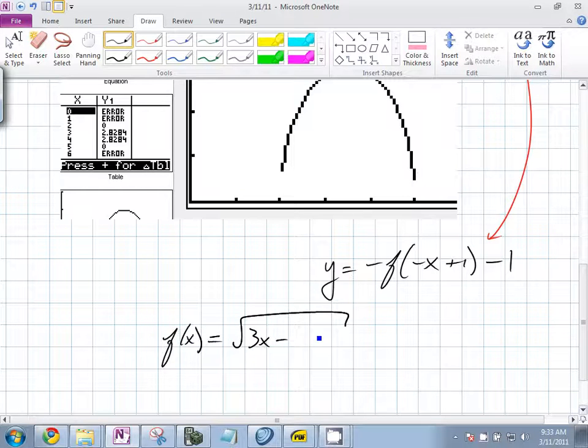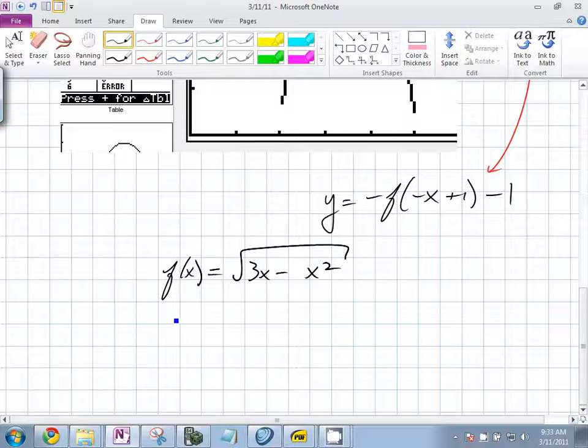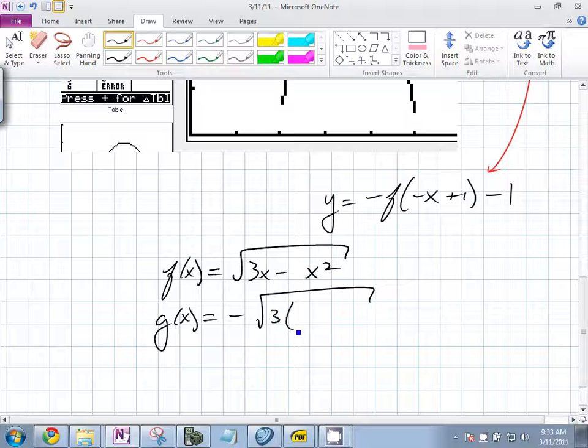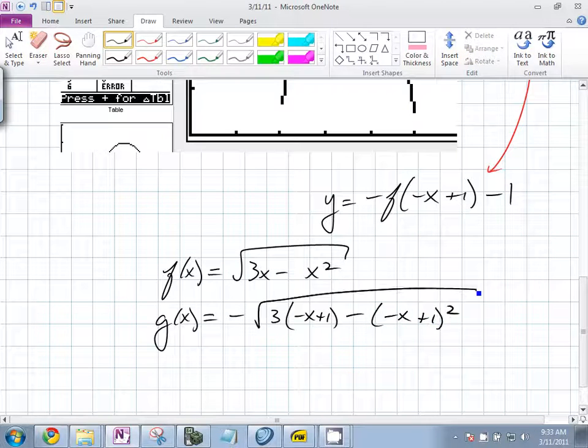So we think our new one, g of x, is going to be negative the square root of 3 times (negative x plus 1), minus (negative x plus 1) squared, all minus 1. So what if, instead of making it reflect over the y, you just shifted it?